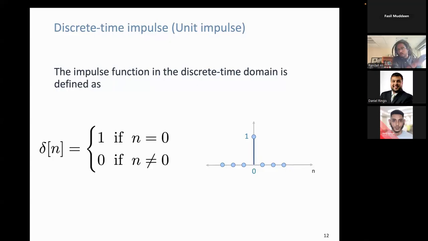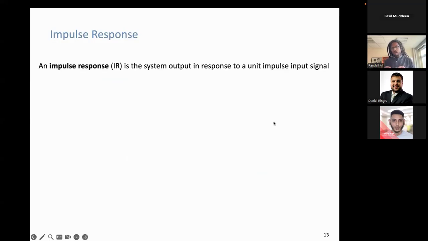So for all time, I just have 0, except at n equals 0, I have a 1 here, and then it goes down, right? It makes sense why we would call this an impulse, right? It's one particular value at one particular time, with an amplitude of 1, and that's what we call a unit impulse.